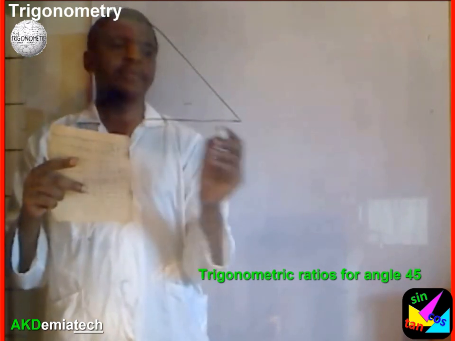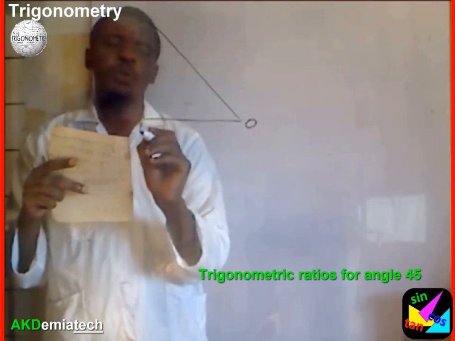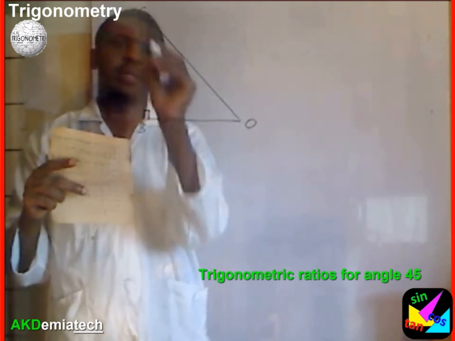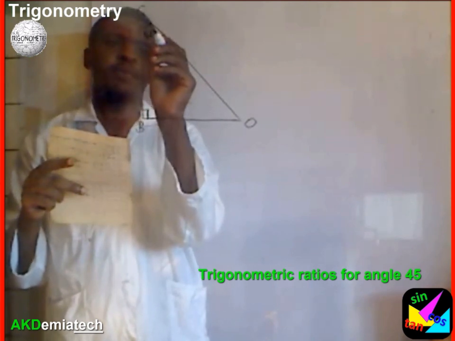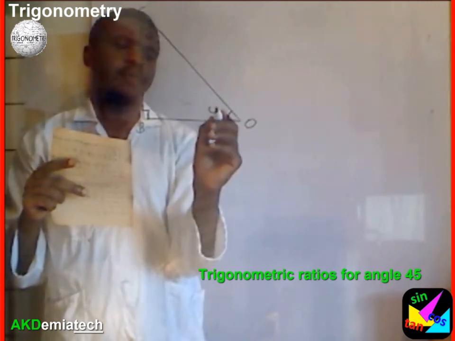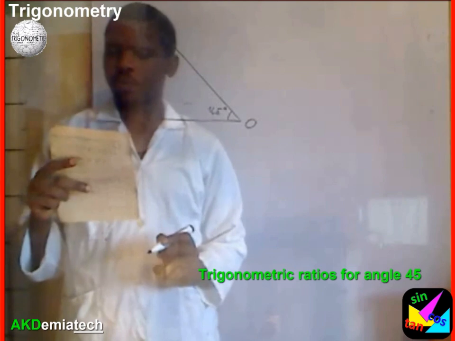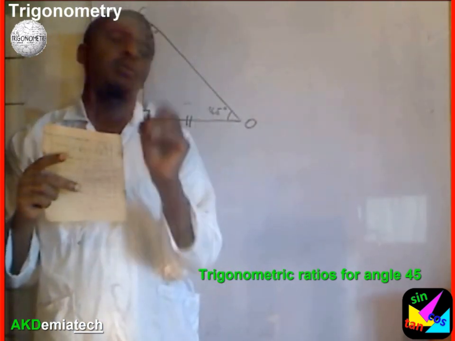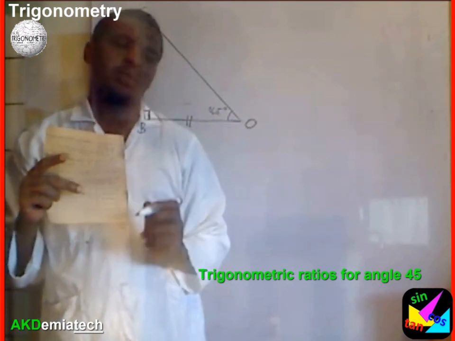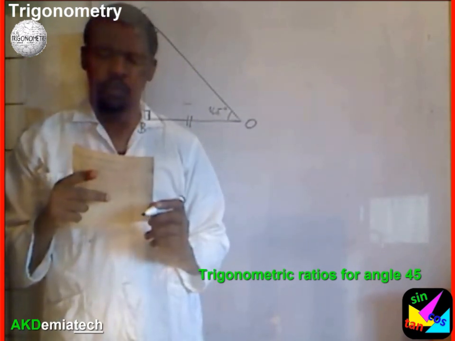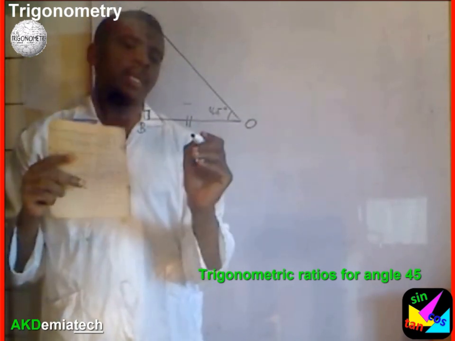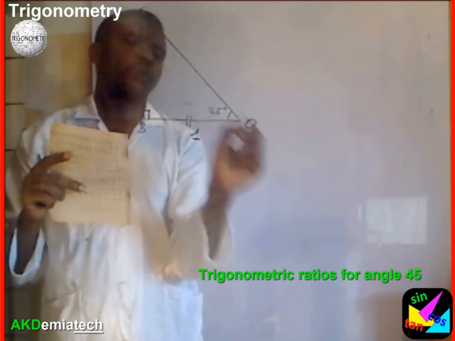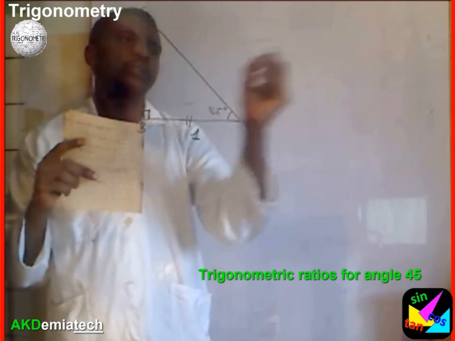We have O, B, C. This is 90 degrees, here 45 degrees, and here 45 degrees. So these two sides are equal. Let's give this 1 unit and this also 1 unit. So what is this longest side? Hypotenuse.